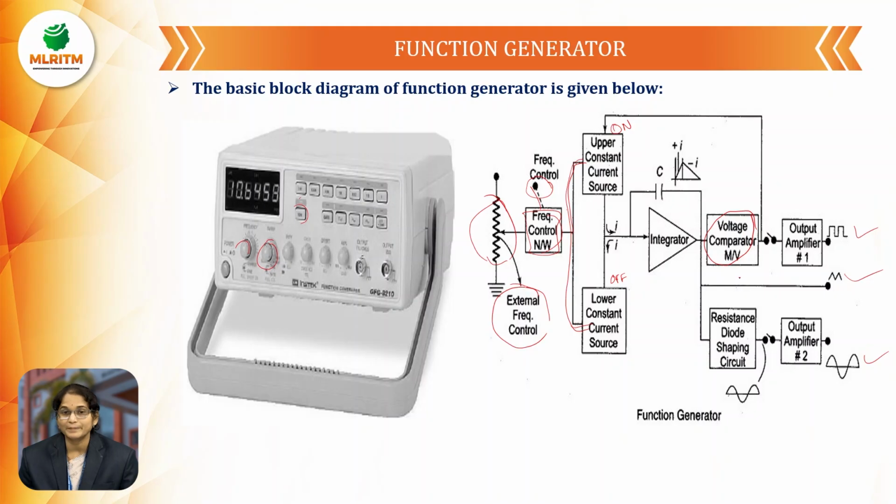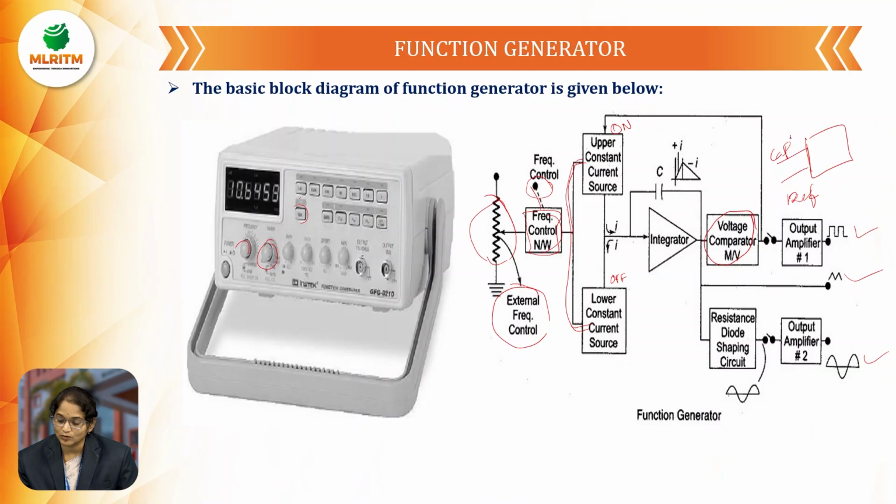Here is the voltage comparator multivibrator. What is a comparator? It compares two incoming input signals. For example, this is the comparator. Here I am giving the reference voltage and the capacitor voltage.